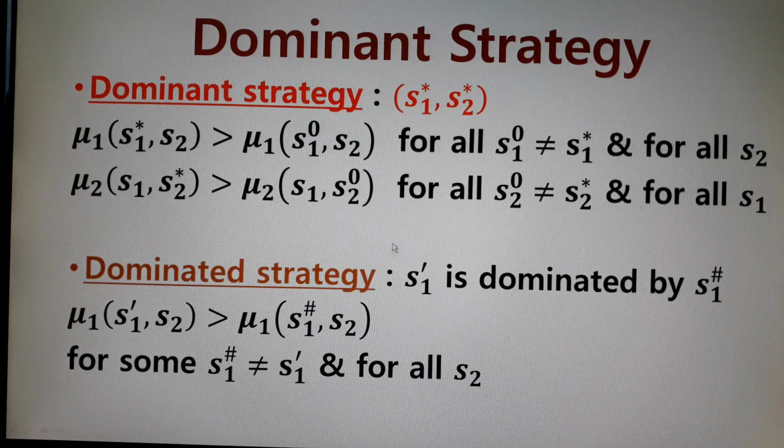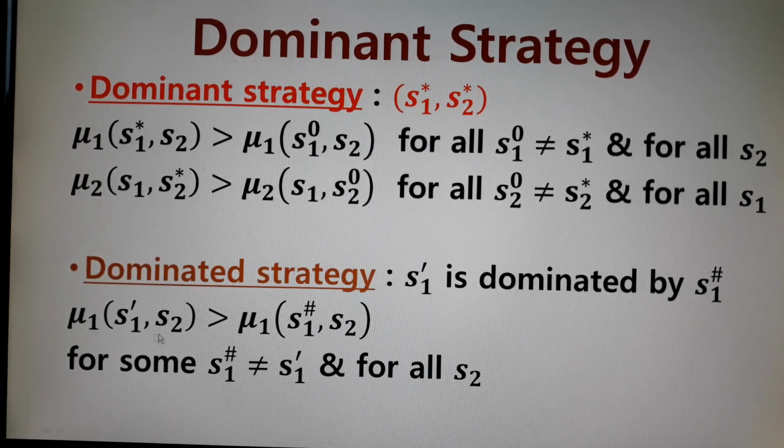Dominated strategy. Let's say S1 prime is dominated by S1 sharp. Oh, sorry. It should be reversed. S1 sharp is dominated by S1 prime, because I put it here. So S1 prime dominates S1 sharp. Once again, this is wrong. You change S1 sharp here and S1 prime here. Okay, the usual mistake.